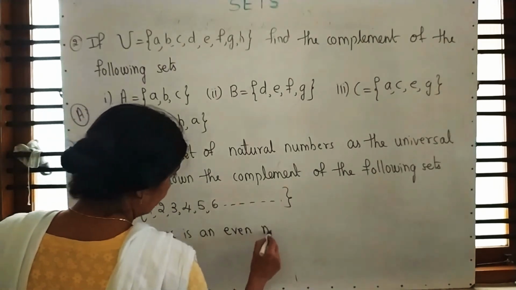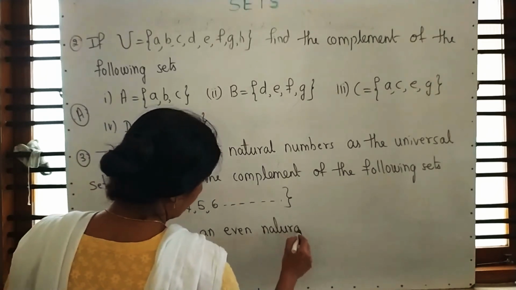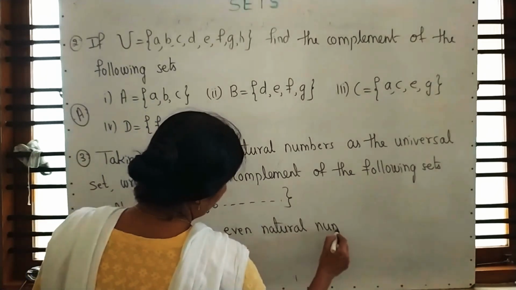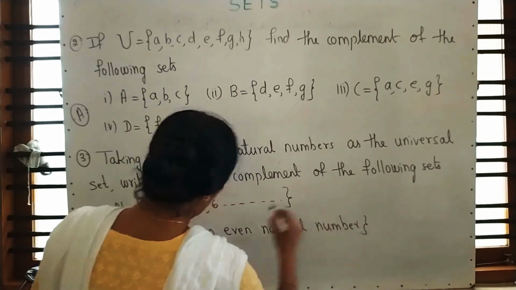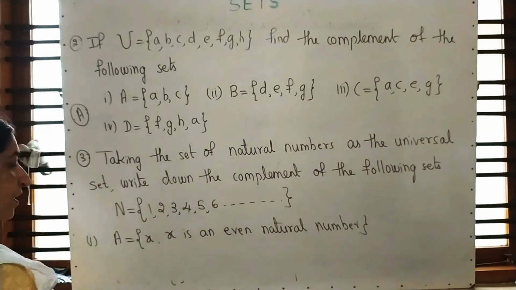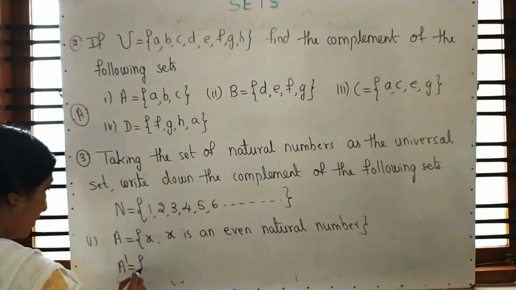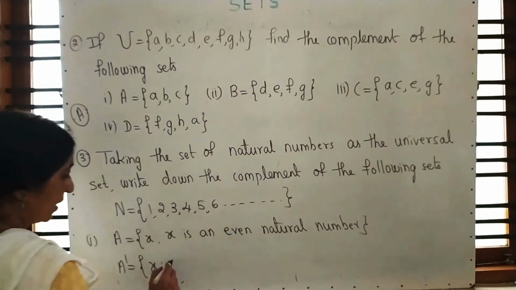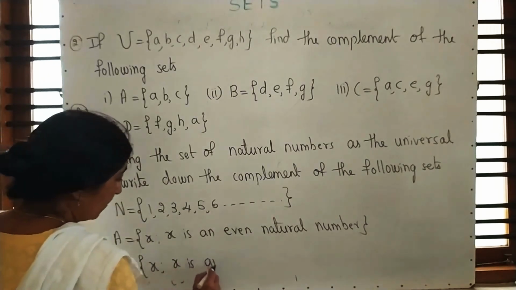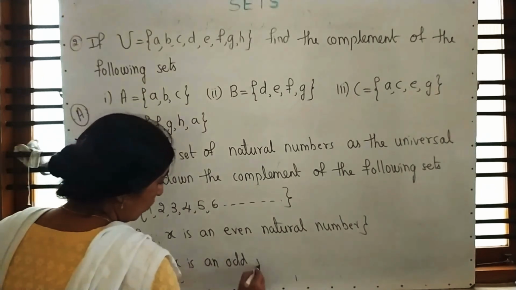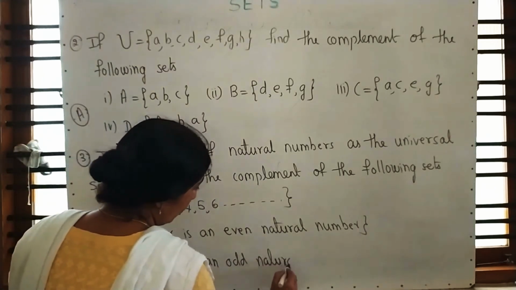See here, if it is an even natural number, of course its complement is an odd natural number. So A complement is, write in the set builder form only, x is an odd natural number. Correct or not?